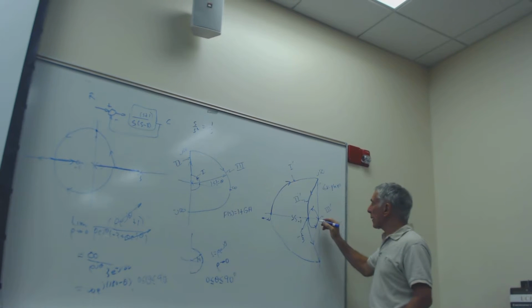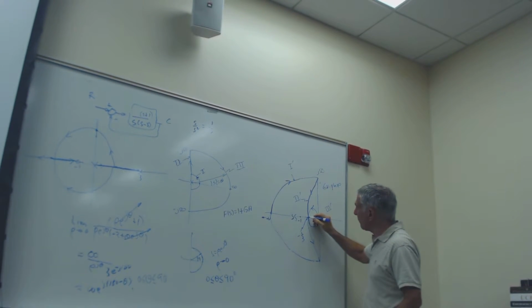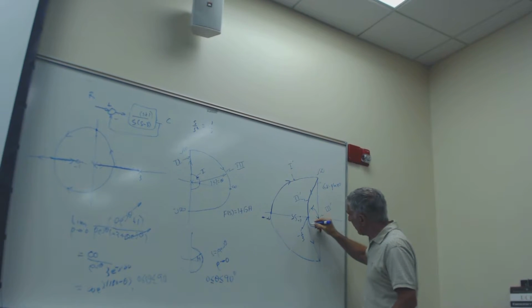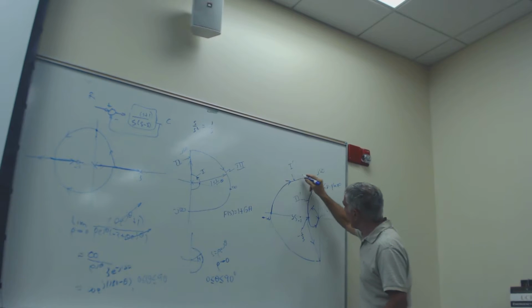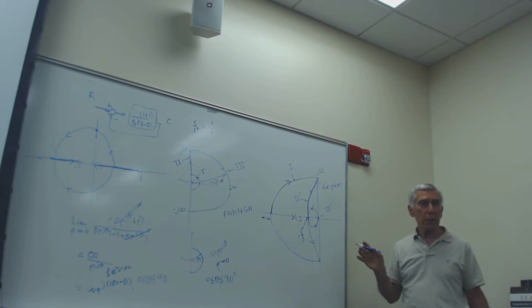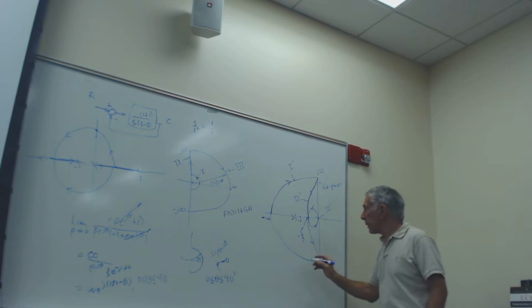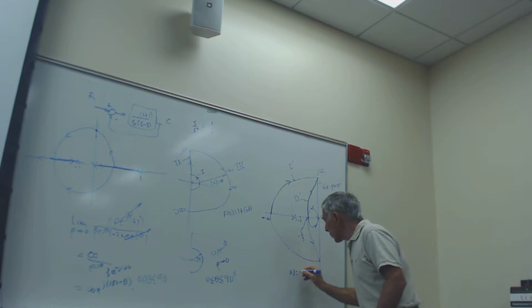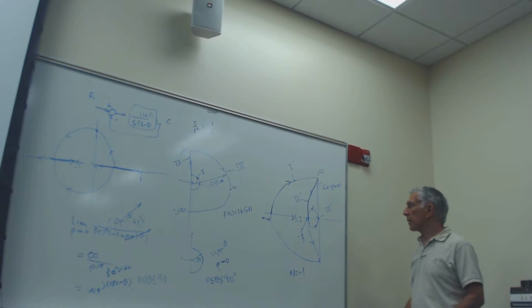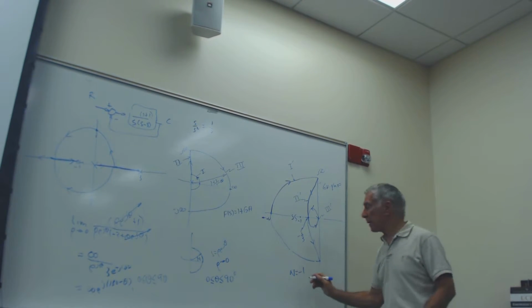Okay. A convenient place to start would be here. You have to go according to the arrows. Right? There's one counterclockwise, and then coming around, no more encirclements. N is equal to minus 1. P, what is P equal to?